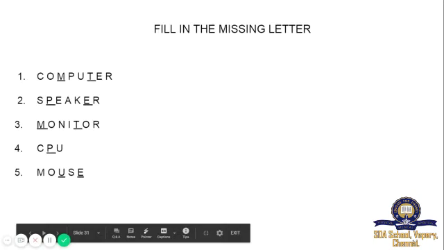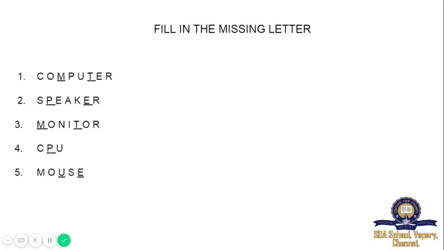Okay, in the previous slide, we had to select the machines. We selected the machine. 2 or 3 pictures were given to us. Okay, now from this slide onwards, we are going to learn spelling words.